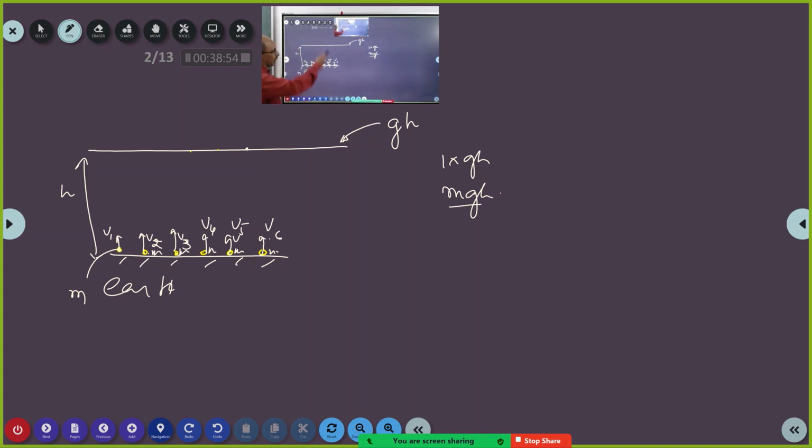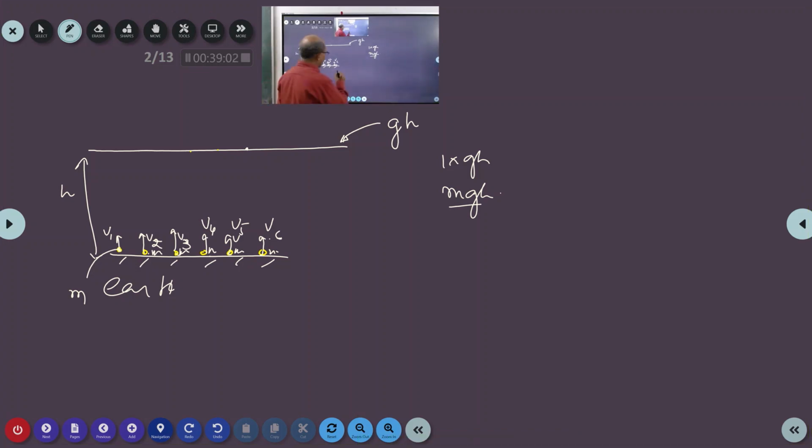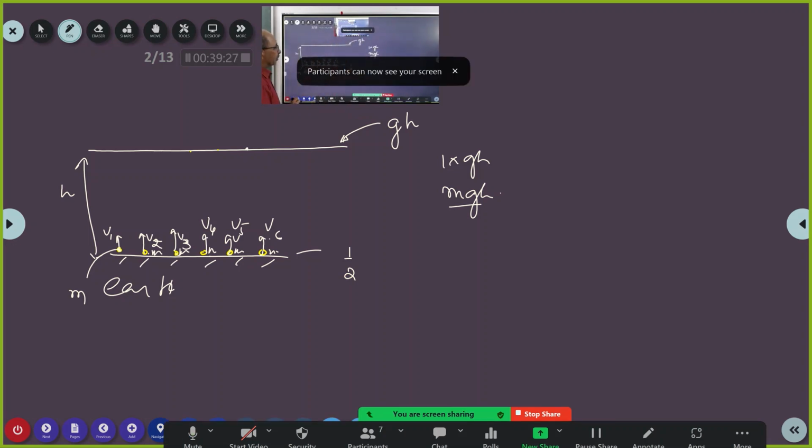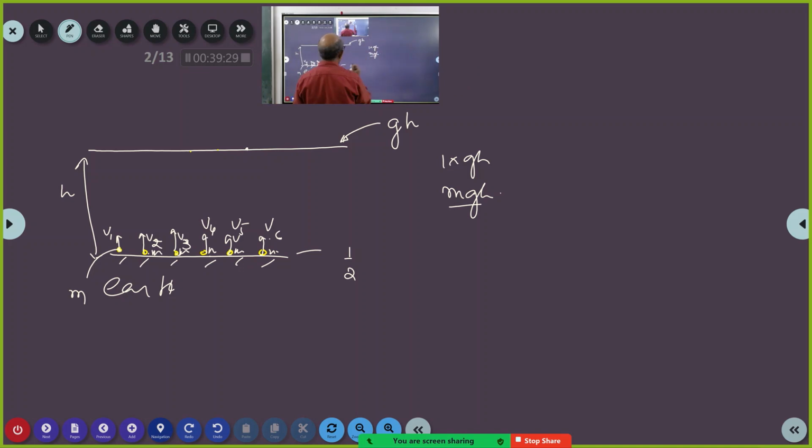With respect to the diagram that I have given, what is the best answer you can give? Now, the kinetic energy of each one of them will be half m v squared: half m v1 squared, v2 squared, v3 squared, v6 squared. The kinetic energy of each one will be different.